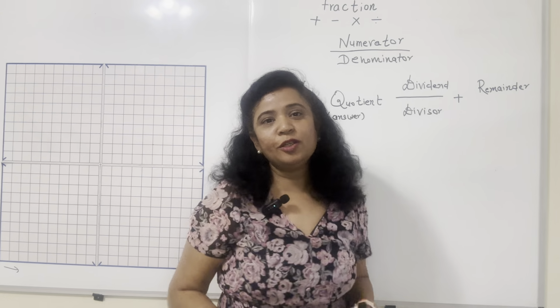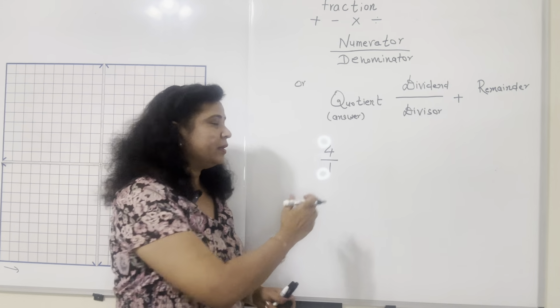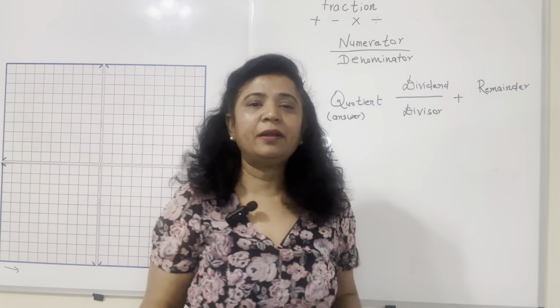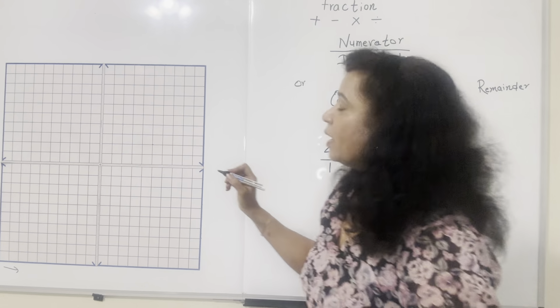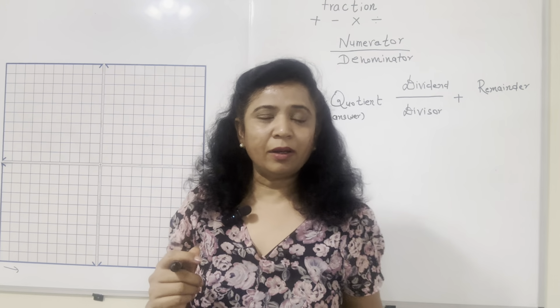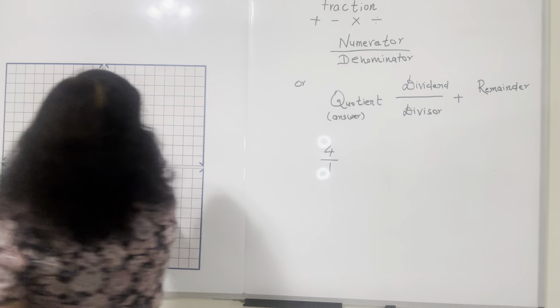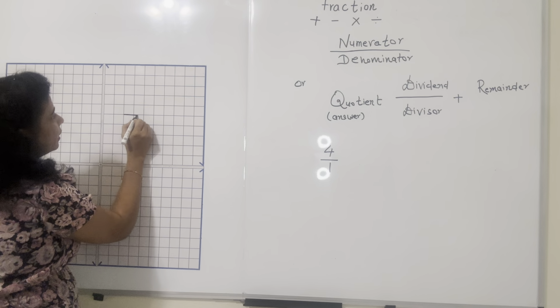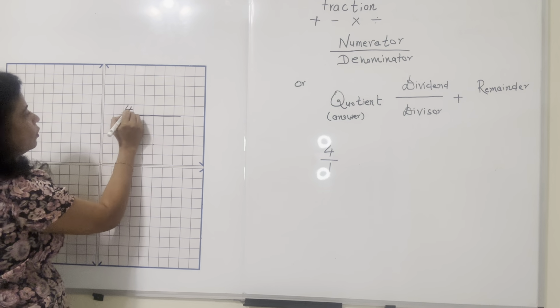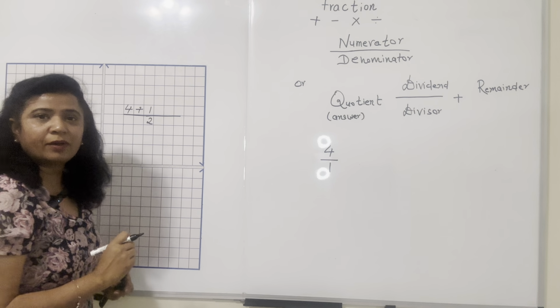So fractions, numerator and denominator, as I said, any whole number can be written as a fraction, numerator and denominator. Now I have seen many kids writing very oddly while doing fractions. For example, you see 4 plus 1 over 2, right?